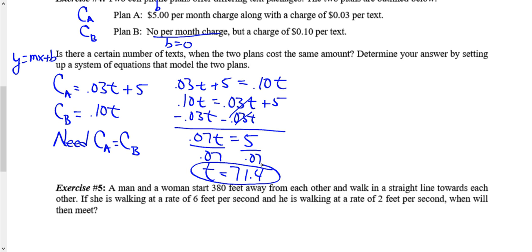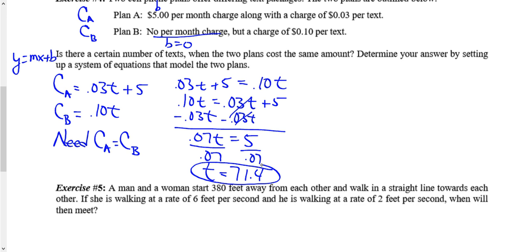Well, that's my follow-up question. Is there a number of texts where they will be equal? Will the two plans be equal at 71, if they need to get to 71.4 to be equal? No. Texts are a discrete value, right? You either send 1 or 2 or 3. You don't send 2.5.